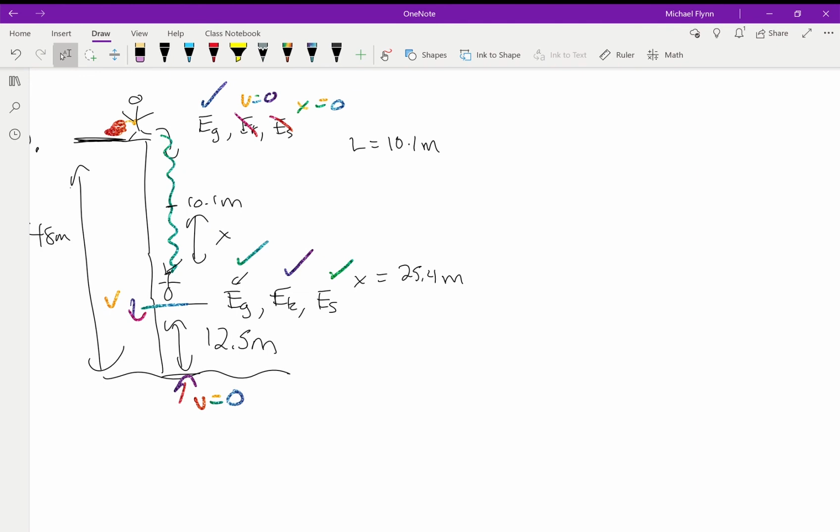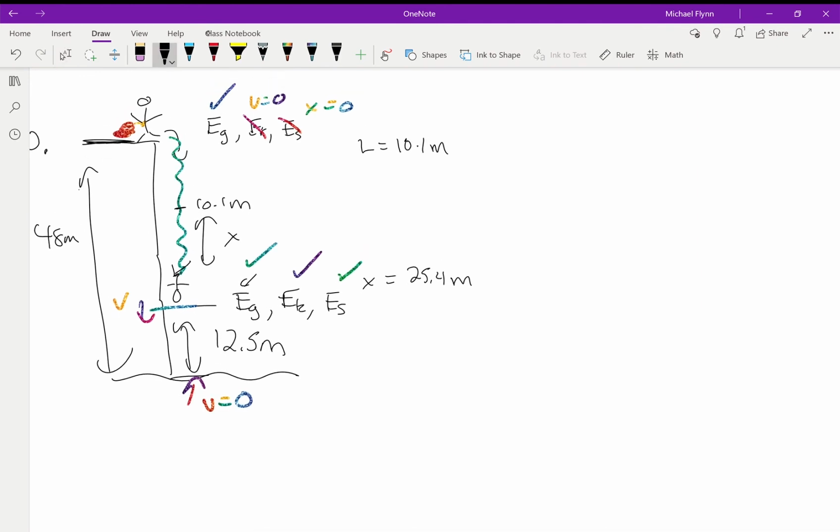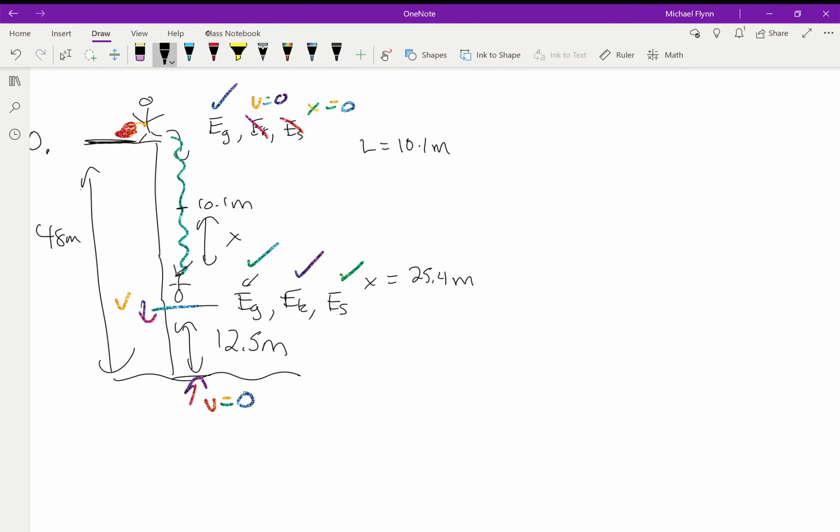Okay, so it goes like this. You would go mgh. The top has to equal the bottom, or the top has to equal the 12.5 meter mark. So this mark here, the top has to equal that.